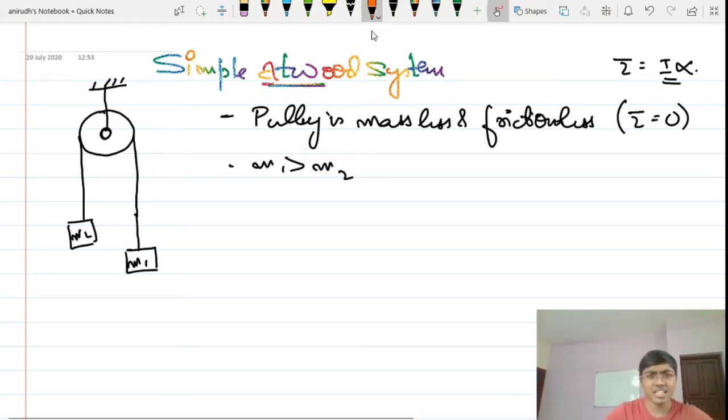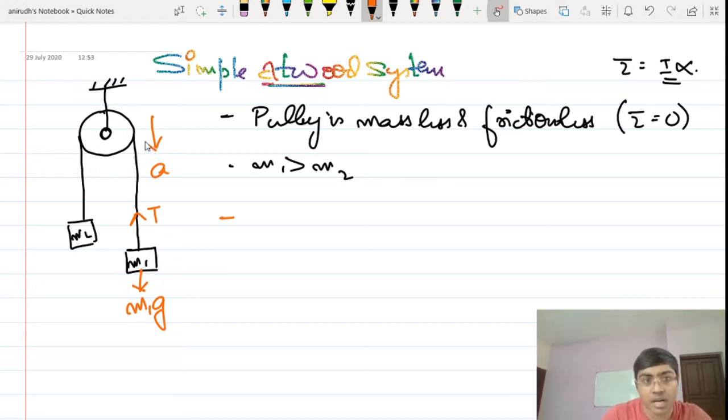Now let us make the free body diagram for this. Whenever you have unequal masses, and we see that the system is accelerating towards one particular direction, then we take the net force and equate it to ma. So here if I make the free body diagram of m1, then that is m1 multiplied by g. This is the weight of m1 and this is the tension force acting over there.